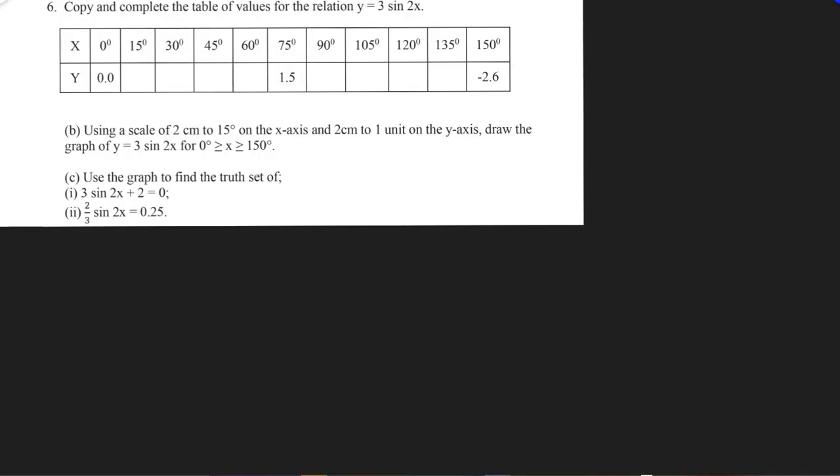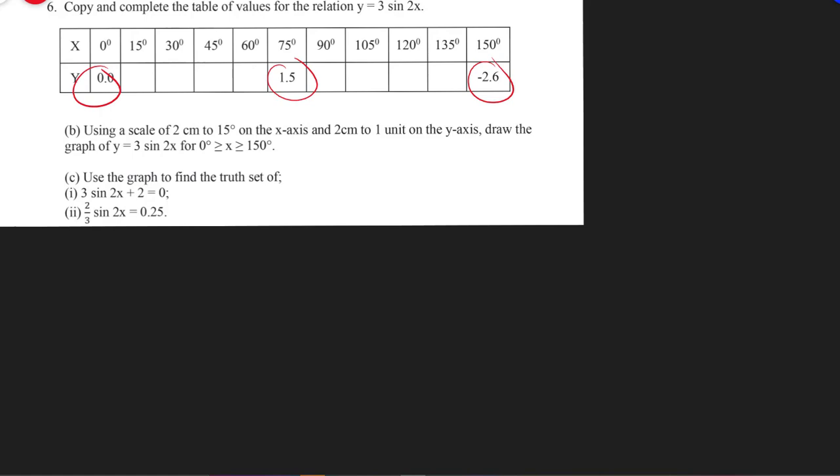Alright, question 6. The question says, copy and complete the table of values for the relationship y is equal to 3 sine 2x. Some values have been done for us, this and this.